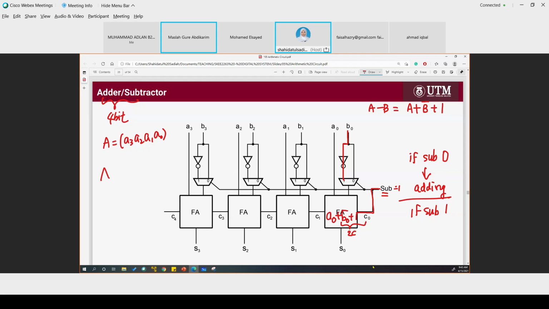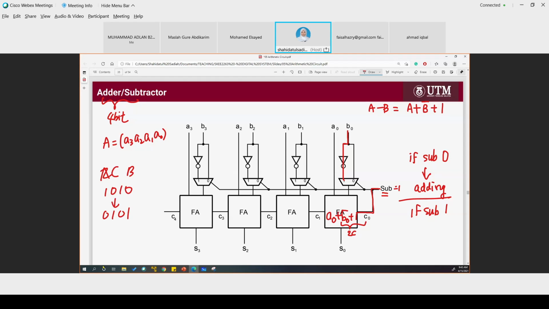Okay, listen. When you do two's complement, the B is 1 0 1 0. You flip it once, 0 1 0 1, and then where do you add the 1?